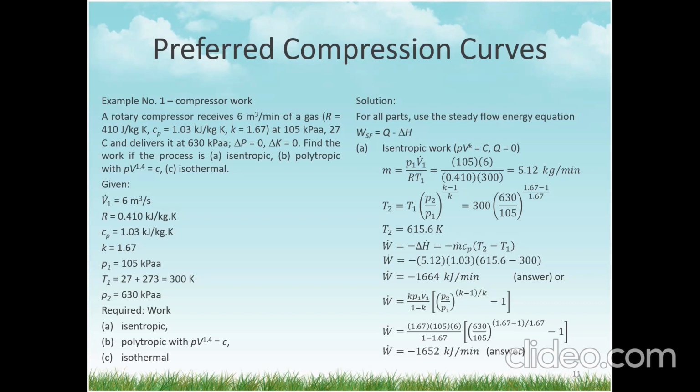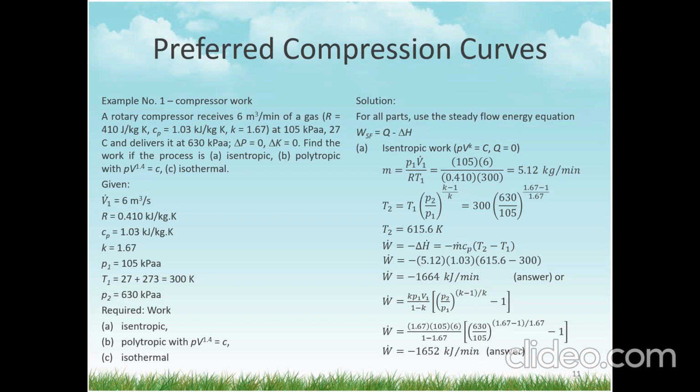Answer. Also, work is equal to K P1V1 over 1 minus K times P2 over P1 exponent K minus 1 over K, minus 1. So substitute values: 1.67 times 105 times 6 over 1 minus 1.67 times 630 over 105 exponent 1.67 minus 1 over 1.67, minus 1, is negative 1652 kilojoule per minute.